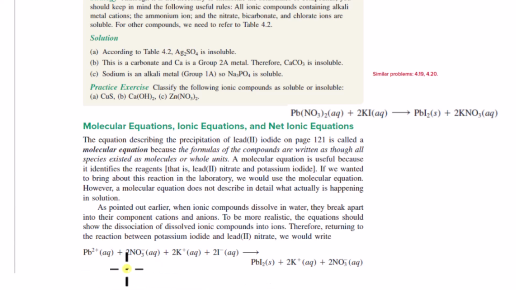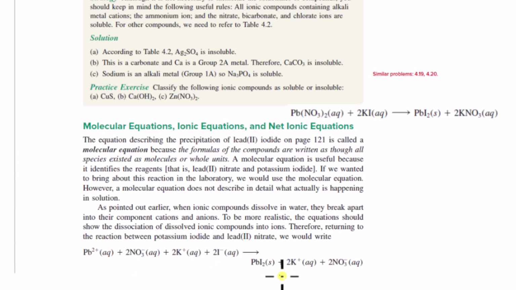The ionic equation is just giving you a more realistic picture of what's happening in the solution, right? You have these individual hydrated Pb2 plus cations and these individual hydrated I minus anions initially floating around in the solution. Then they all interact, and you have the lead-2 iodide precipitates out, but the potassium ions stay in solution, and the nitrate ions stay in solution.